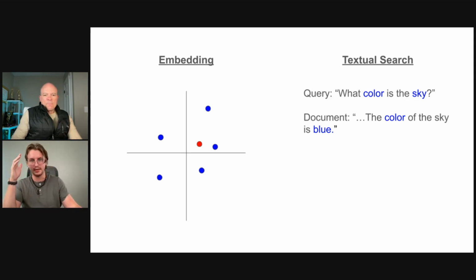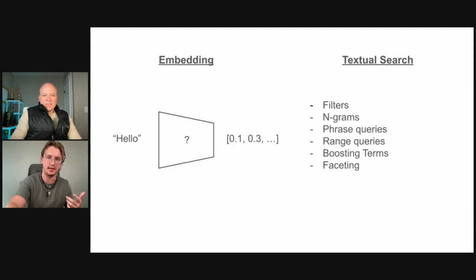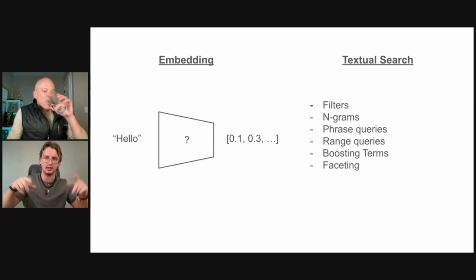With textual search, you do some more, maybe one might say naive, things. This is text versus encoding, or embedding. You might apply filters to the data to get rid of things like the, and, but, or whatever. You might use n-grams to connect words together to create chunks of meaning that you can then compare against.